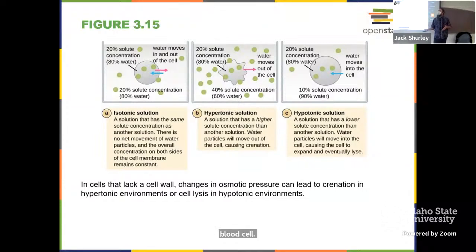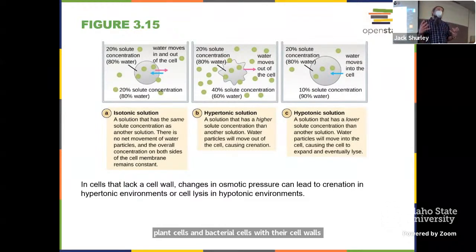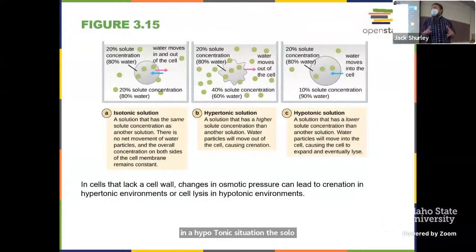If we're thinking bacterial cells or plant cells for that matter, we shouldn't be thinking plants in here. This is microbiology. But plant cells and bacterial cells with their cell walls in a hypotonic situation, the cell wall helps to provide some structural protection of that cell and keeps the plasma membrane from just exploding, right? For the most part, all right?